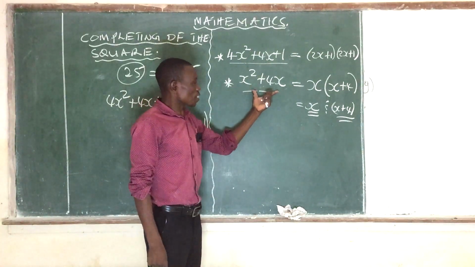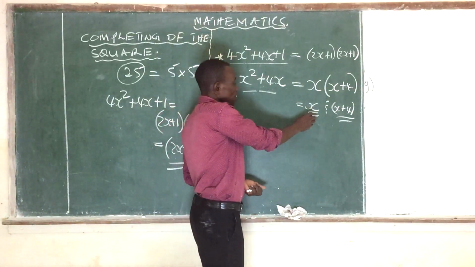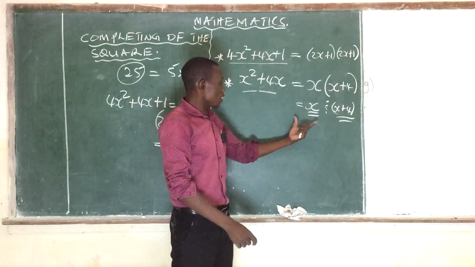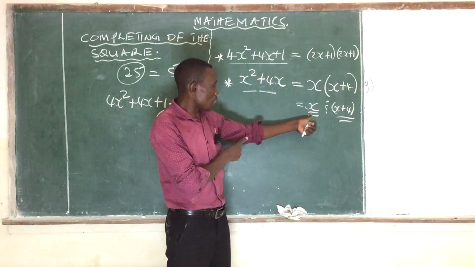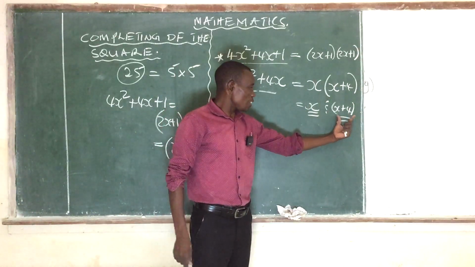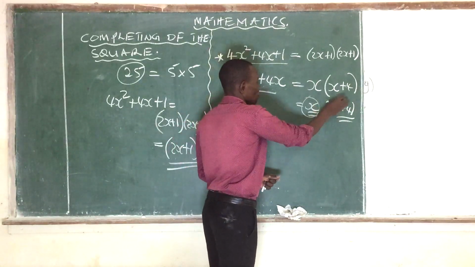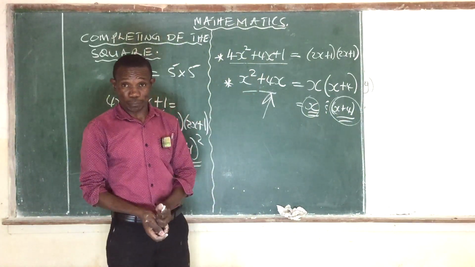But now if you look at this expression after factorization, what we get is x, and x plus 4. You can see that the two factors are different. This is just x, a single-term factor, but this one is x plus 4, a two-term factor. So this one is different from this. Hence, this one is not a perfect square.